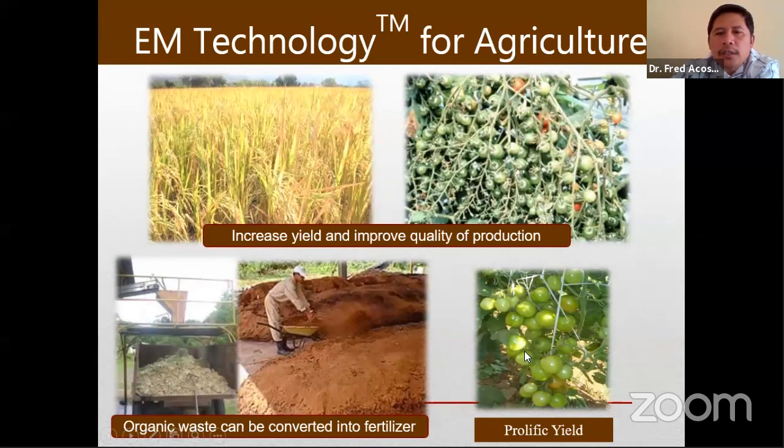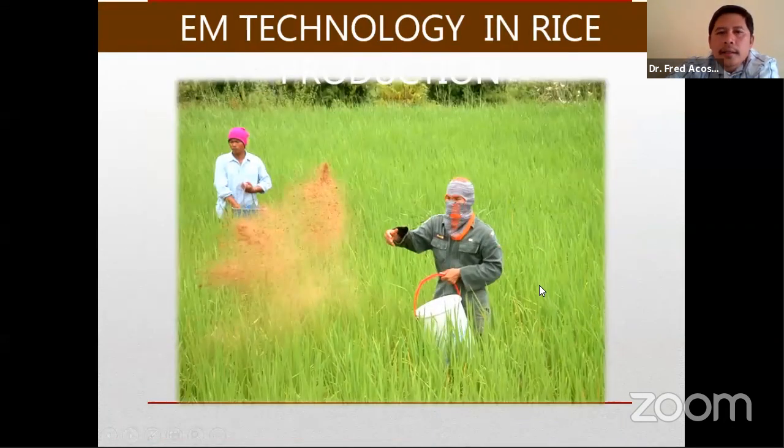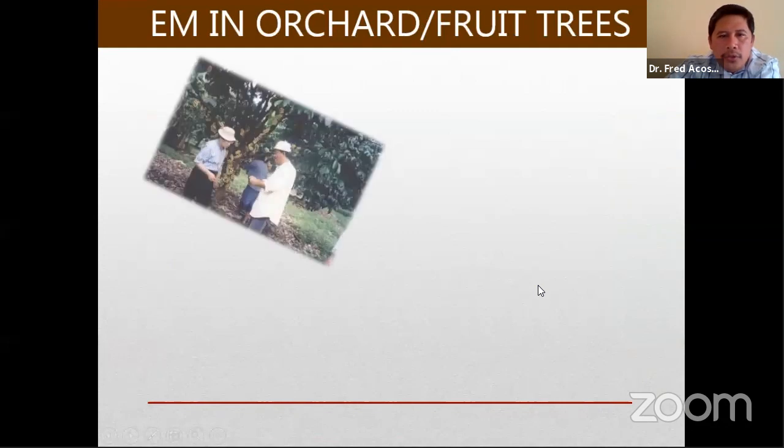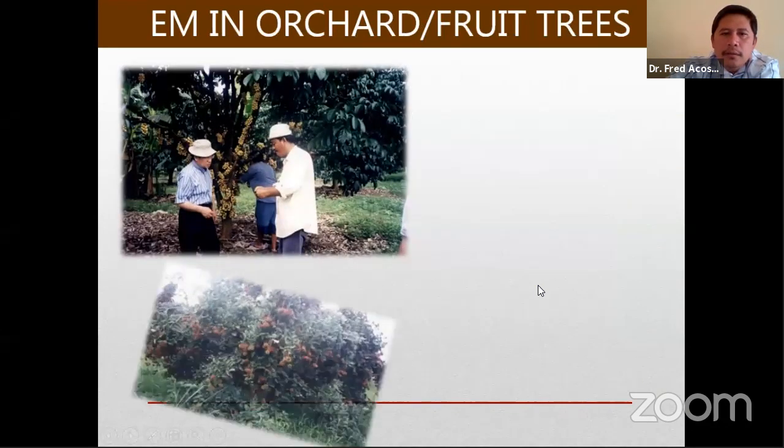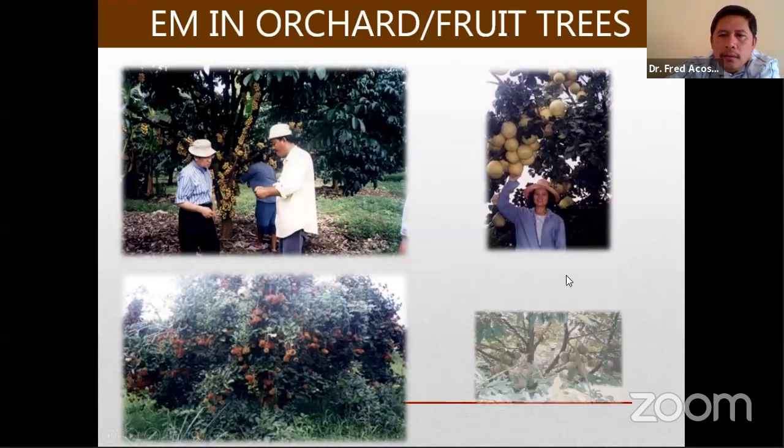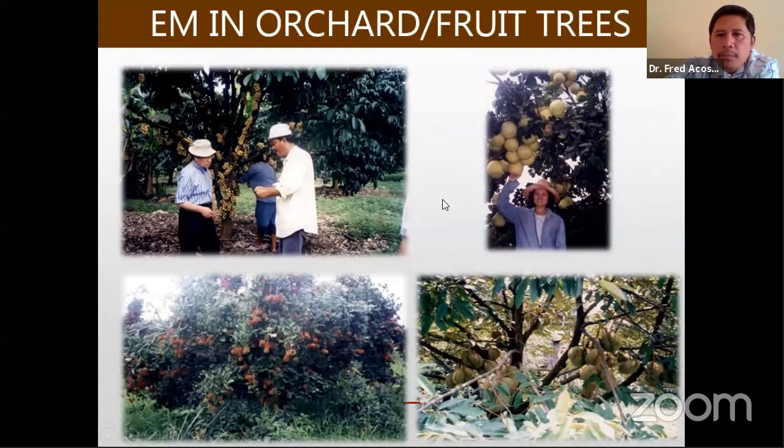It has been proven that EM technology has really helped farmers increase their produce and have prolific yields. You can also use EM technology to produce bigger, sweeter, and more pest-resistant fruit trees.